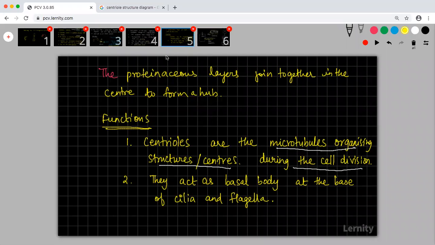So there is something called a microtubule organizing center, which will do the work here. In animal cells, centrioles do this. In plants there is something similar to centriole, but it is not very prominent. It's just a random group of fibers which do the division.